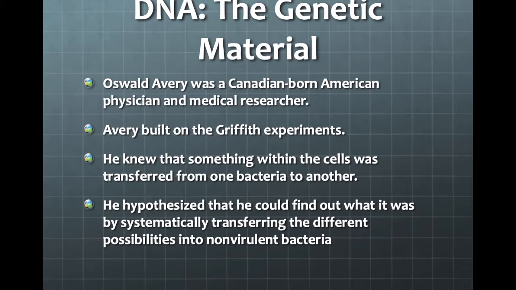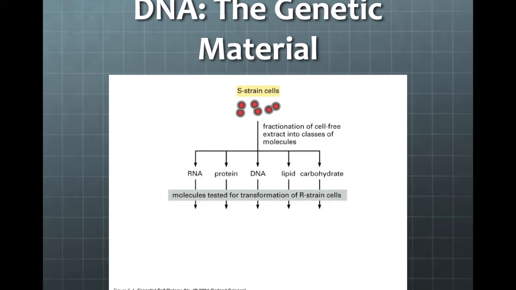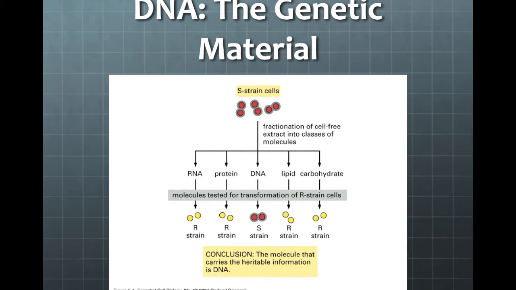So he hypothesized that he could find out by systematically transferring the different possibilities into a non-virulent bacteria. He transferred parts of the S strain cells, the virulent bacteria, into the R strain cells and tested the results.